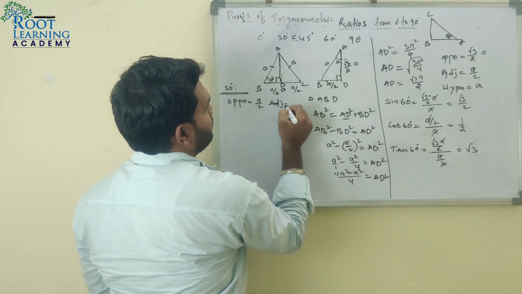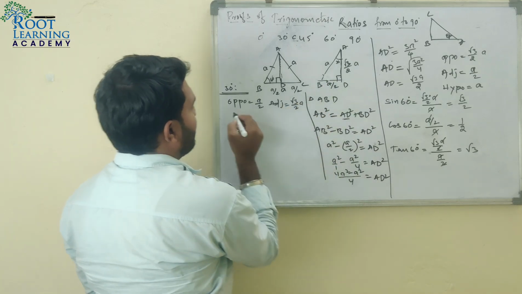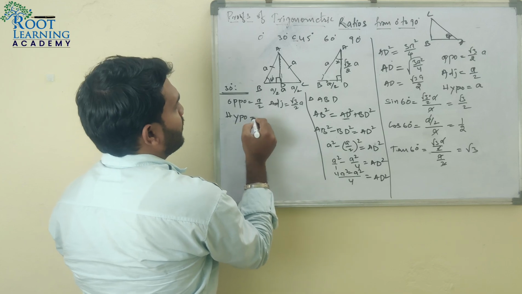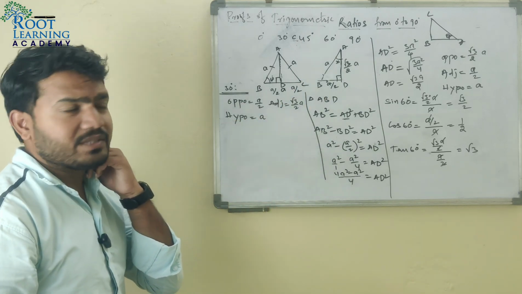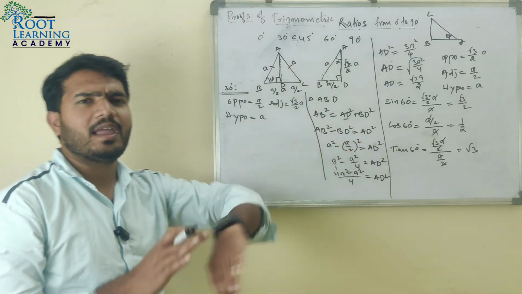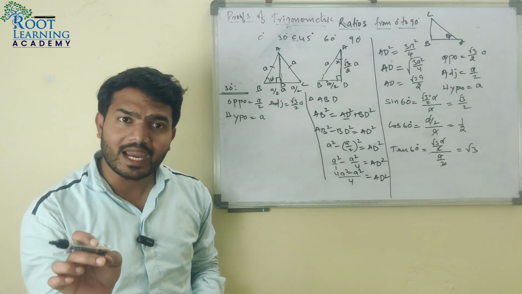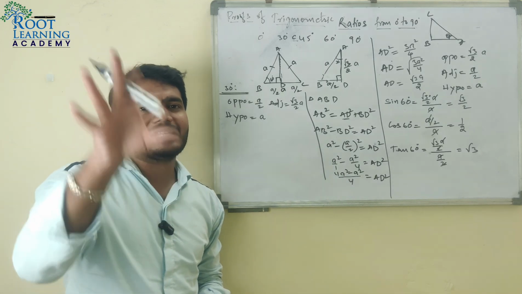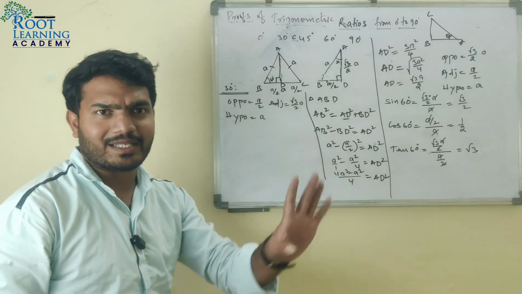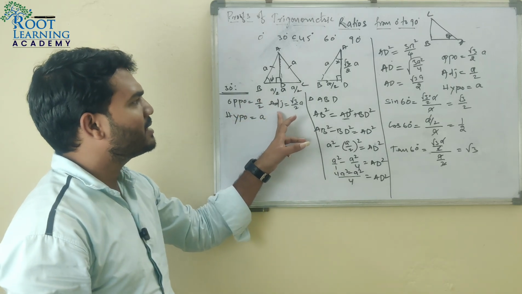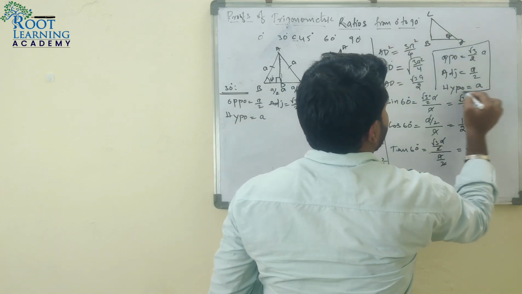Adjacent is equal to root 3 by 2 A. And hypotenuse side is equal to A. It won't change. As we discussed, in any right angle triangle, hypotenuse side will always remain constant. Only opposite and adjacent side will change according to the placement of theta. So here also hypotenuse side is A, it remains constant. Opposite and adjacent sides are changed compared with this. Right? So these are the sides here.